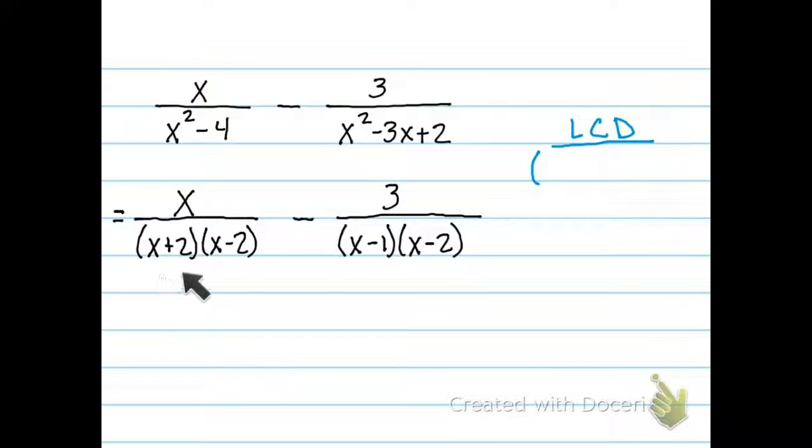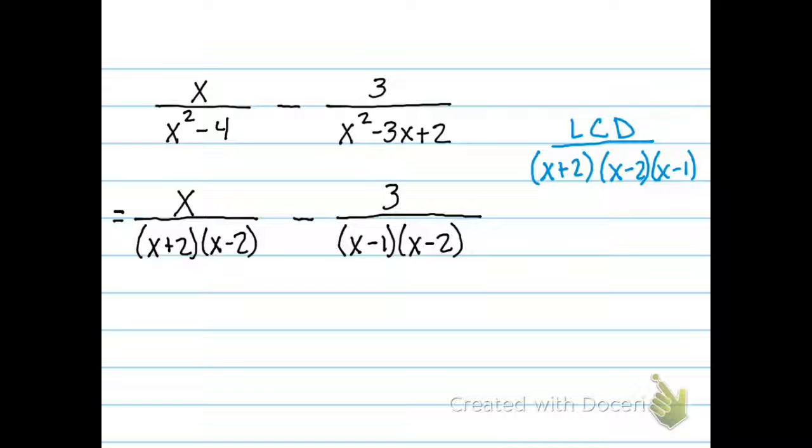All right, so in this first denominator, I see x plus 2. The next factor in that denominator is x minus 2. Then I move to my next denominator. The next factor I see is x minus 1. And then last, we have x minus 2.